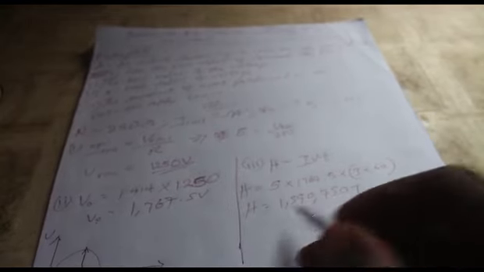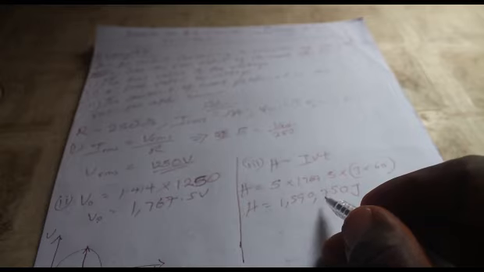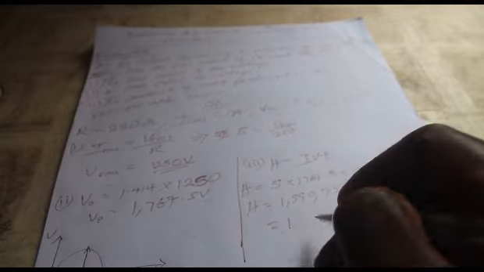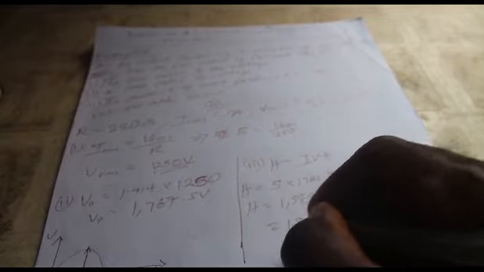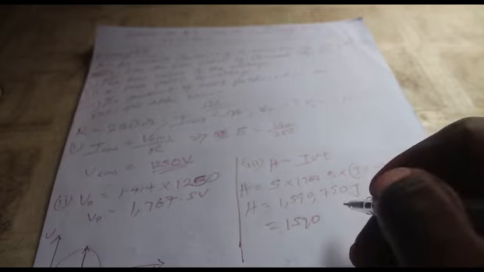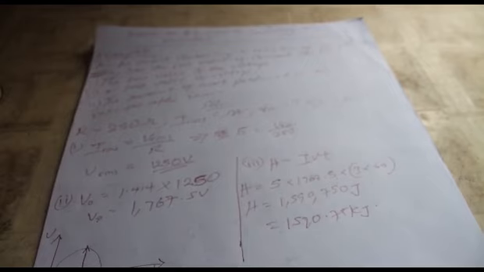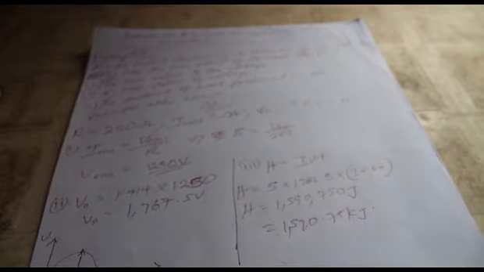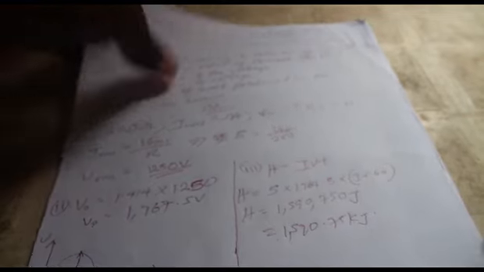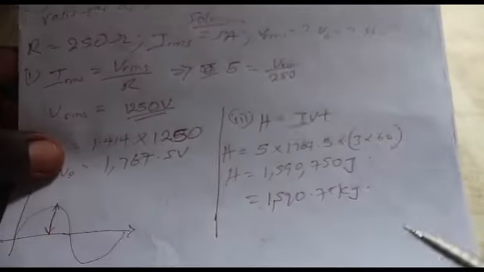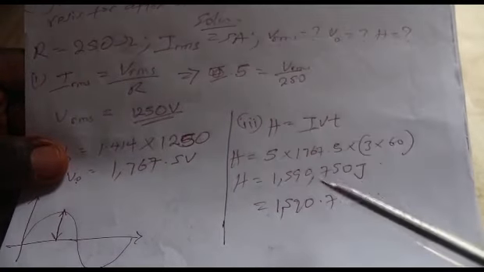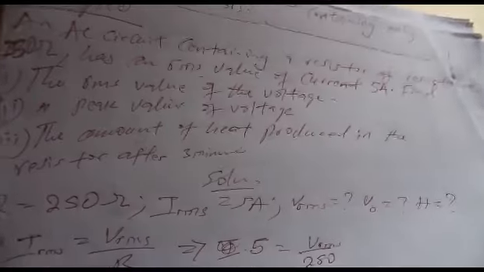And of course, if we are going to express this in kilojoules, this is going to give us 1590.75 kilojoules. So this is the amount of heat produced in the entire thing. If there is any question, you let me know.